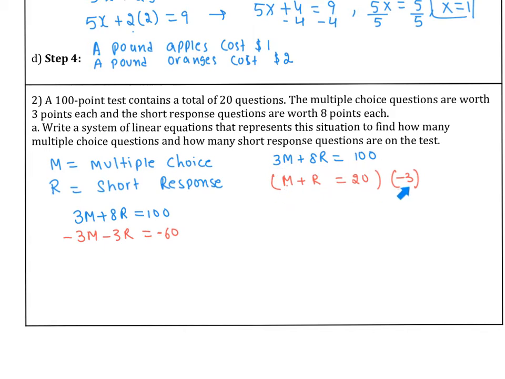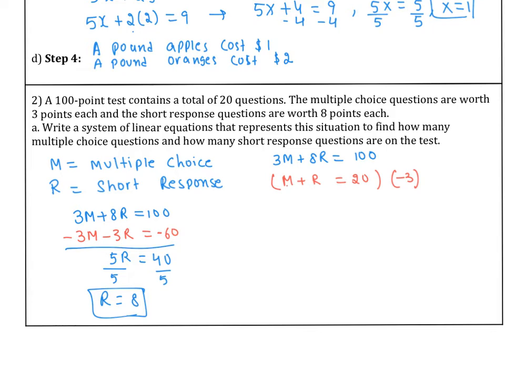And when we multiply the second by -3, we're going to get -3m minus 3r equals -60. And now we are going to add these two equations, and the 3m and -3m cancel. 5r equals 40. Divide 5 on both sides. You're going to get r equals 8.